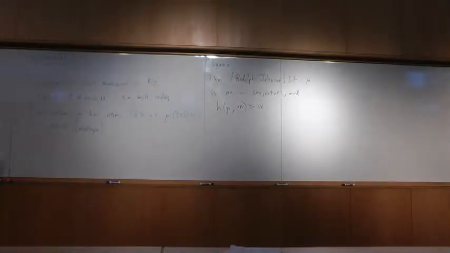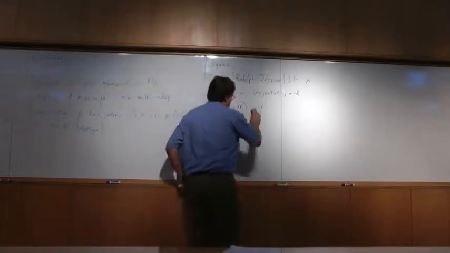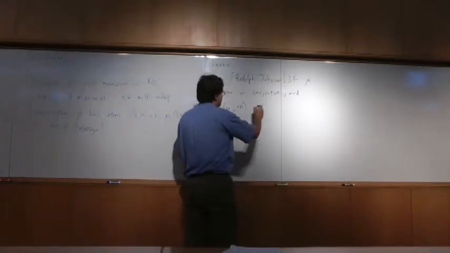To normalize things, let's say it's actually equal to alpha times the maximum such entropy can be, which is logarithm of n.